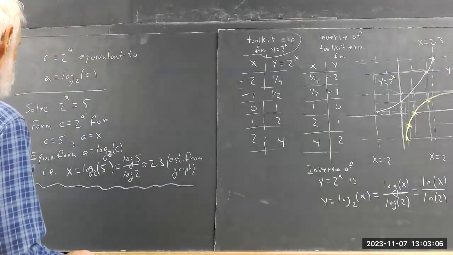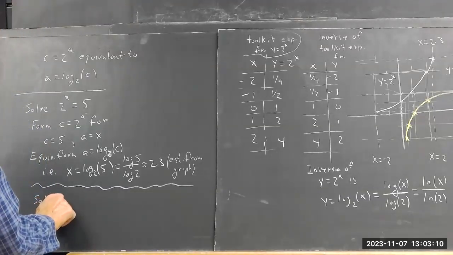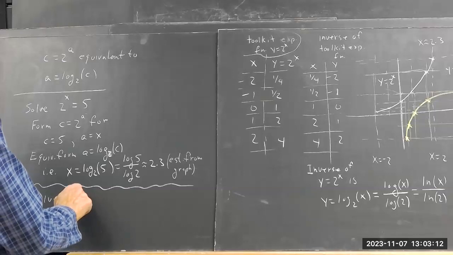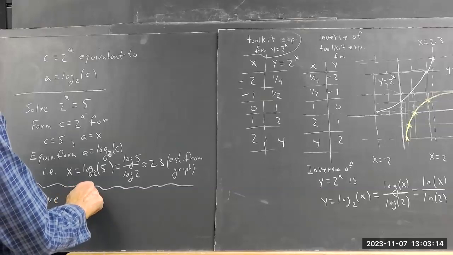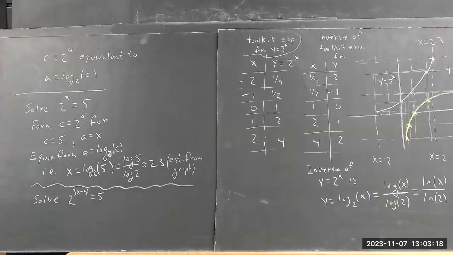Do another equation. 2 to the 3x minus 4 equals 5. We identify a and c.